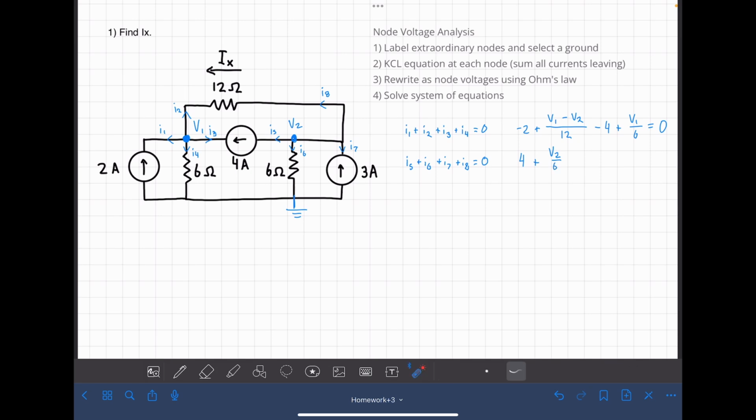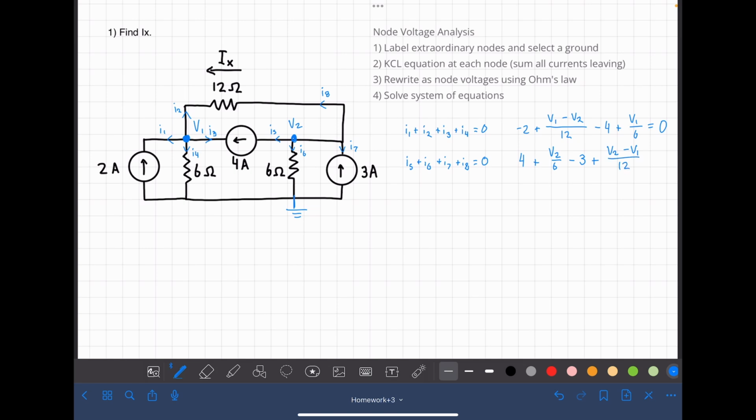I7 is going in the opposite direction of this 3 amp current source, so a minus 3 amps. And then finally I8 going this direction, voltage difference from V2 to V1, so V2 minus V1 over 12.